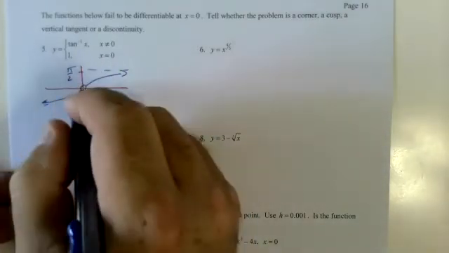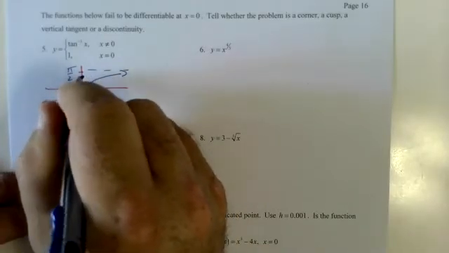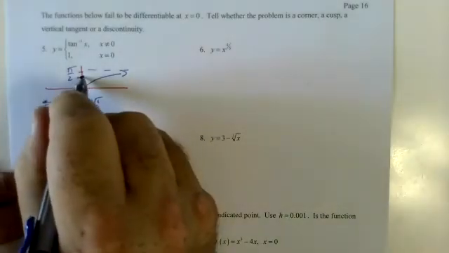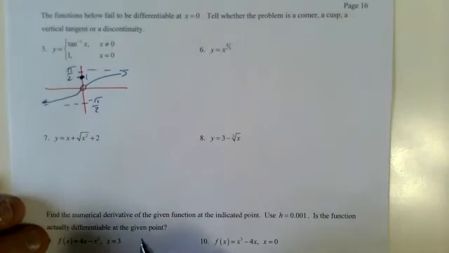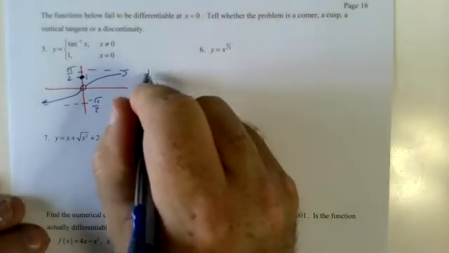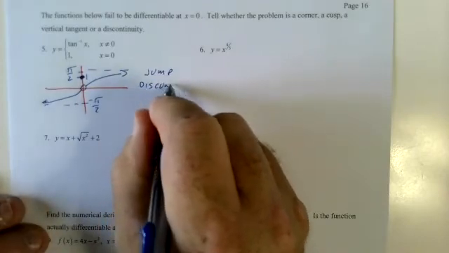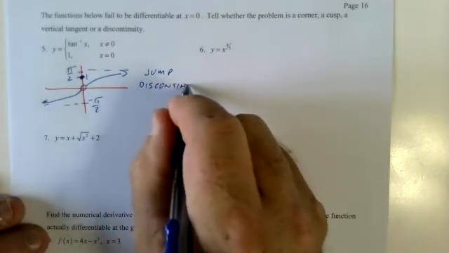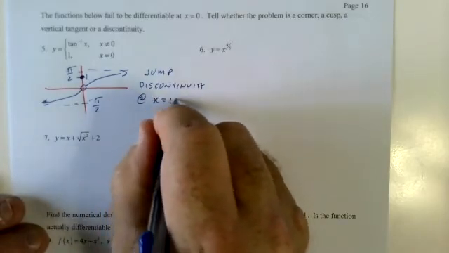And then it's 1 when x equals 0. So that would be right about there. So we would say this is a jump discontinuity at x equals 0.